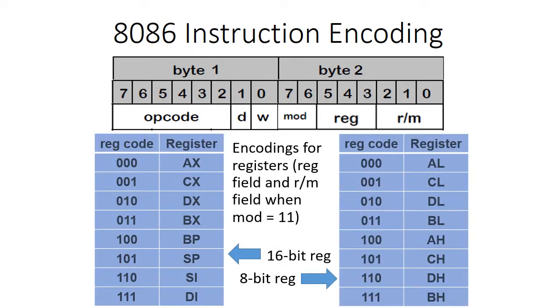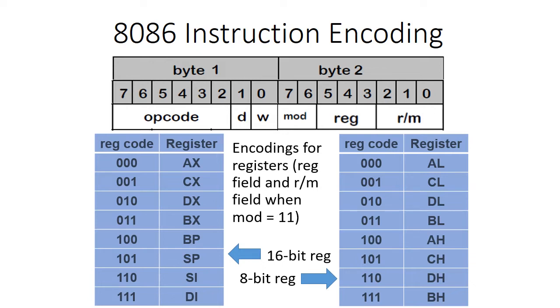We shall go into the encodings for registers. Registers are encoded in the reg field as well as in the RM field when mod equals 11. Registers can either be 16-bit registers or 8-bit registers. Whether an instruction refers to 16-bit registers or 8-bit registers is determined by the state of the W field.